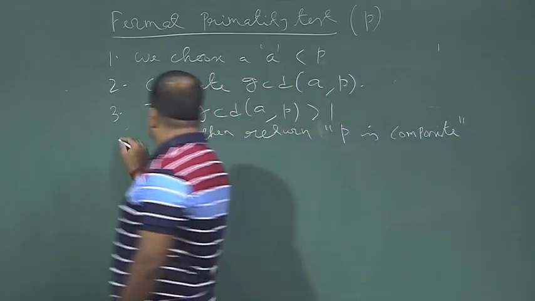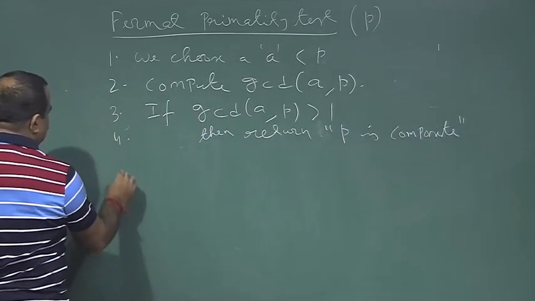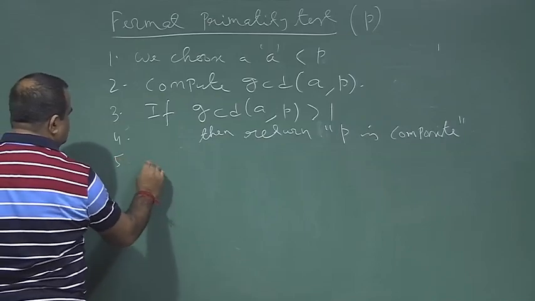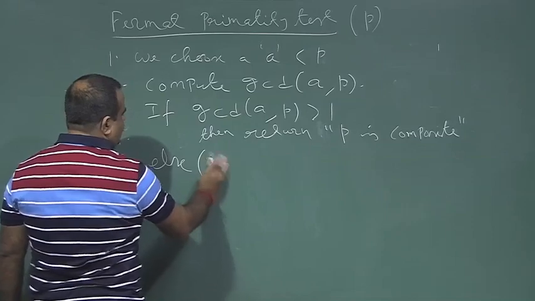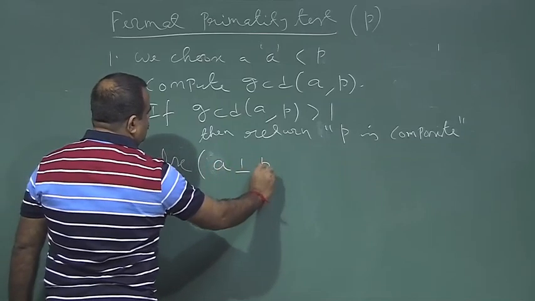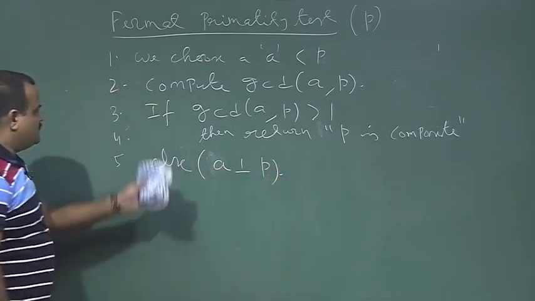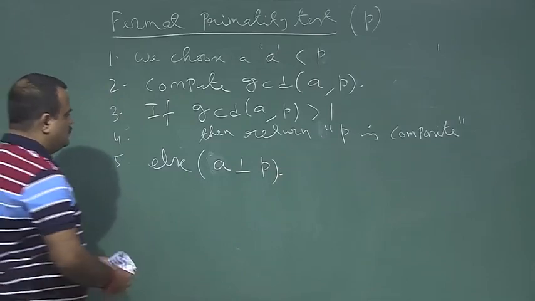Else, if the GCD is 1, else means A is co-prime to P, that means their GCD is 1.